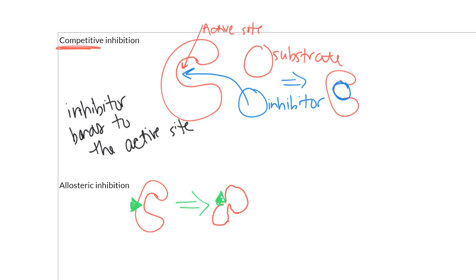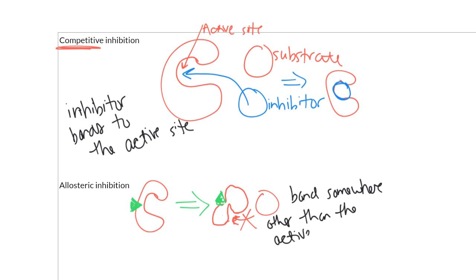And so the substrate though didn't change its shape. So the substrate can no longer fit in that active site. So an allosteric inhibitor is going to bond somewhere other than the active site, but it's going to change the active site shape. So the little triangle means change.